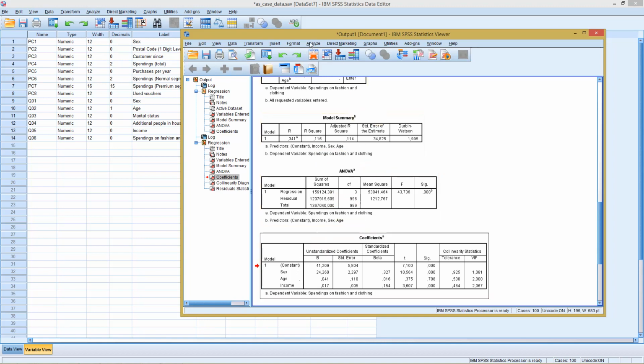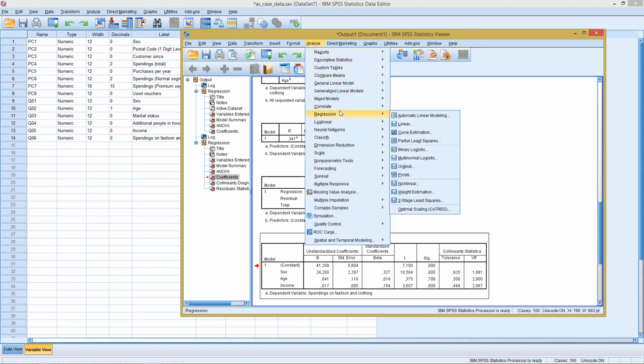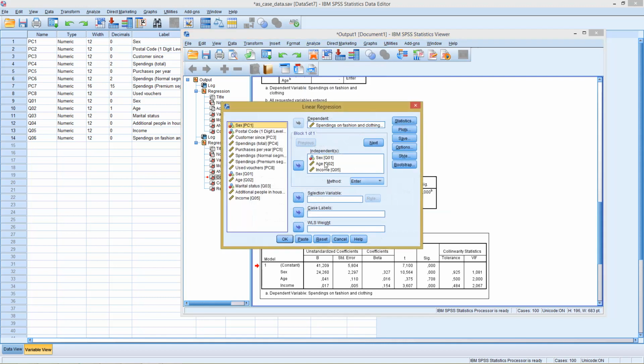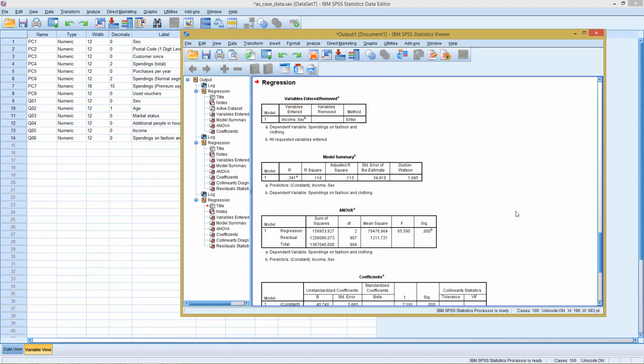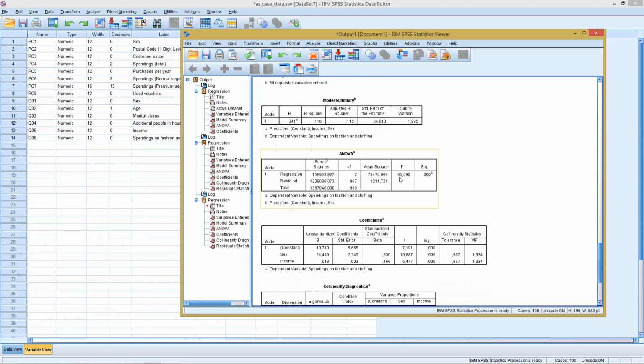So with this in mind, we return to our command regression linear and we omit age. We see here R squared stays the same, adjusted R squared increases, F value increases by roughly 1/2.